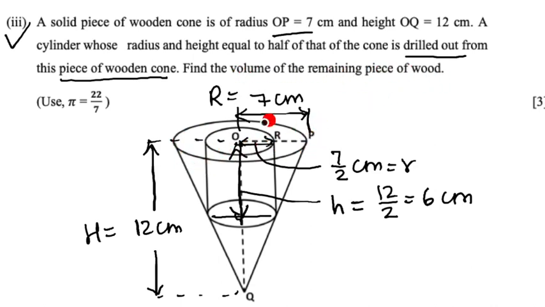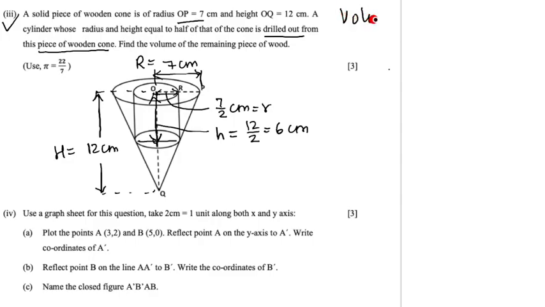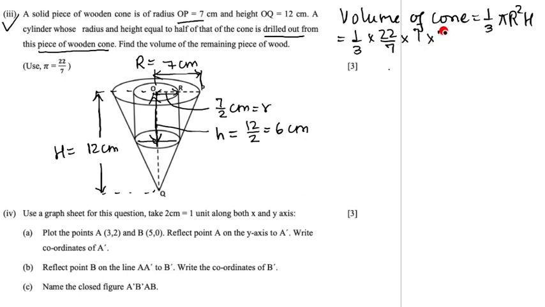So the remaining piece of wood will be the volume of the cone minus the volume of the cylinder. Let us look at the volume of the cone. We know the formula is 1/3 pi R square H. So that will be 1/3 into 22 upon 7 multiplied by the radius, 7 times 7, into the height, which is 12.